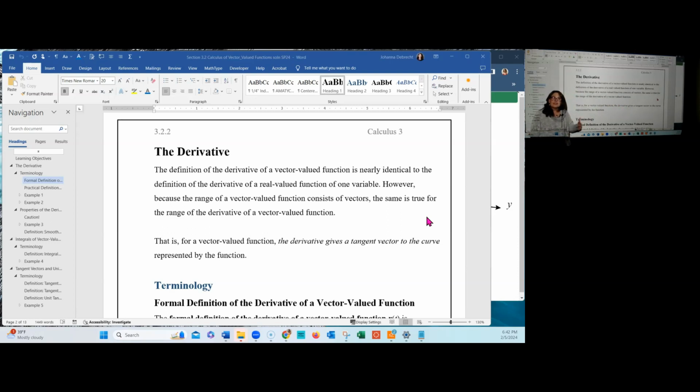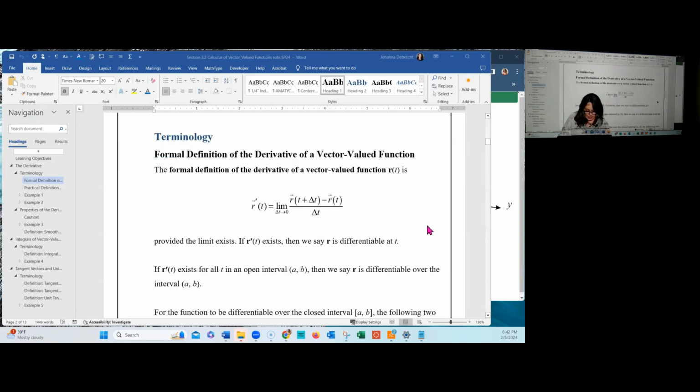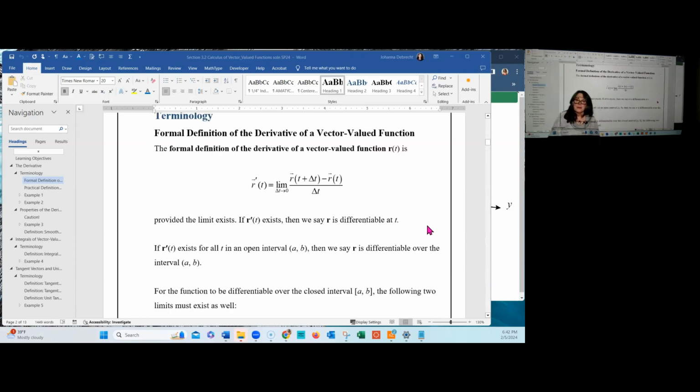So the derivative is actually the tangent vector. Let's go ahead and introduce the more formal definition of the derivative now. Again, this is probably not the one that you're going to use on a daily basis to calculate the derivative, but it is similar to what we saw in Calculus 1 with the definition of the derivative.